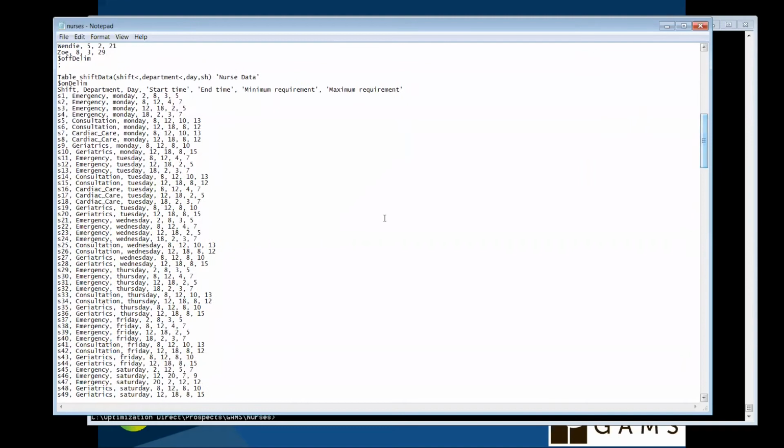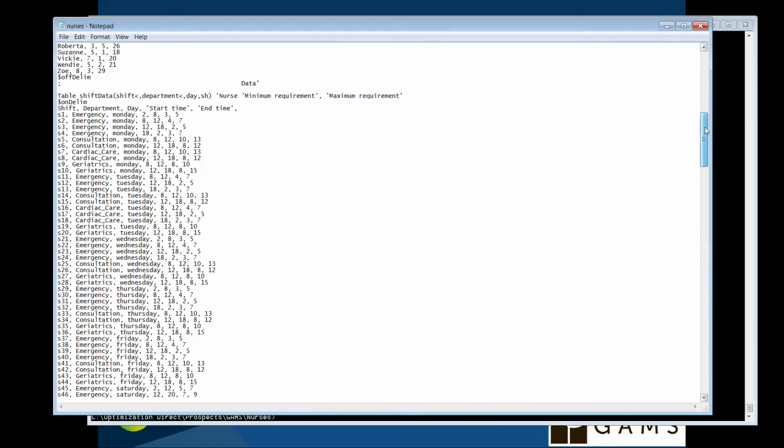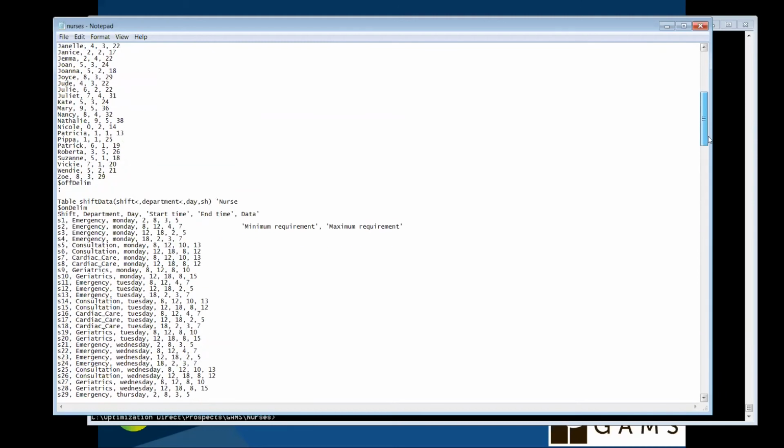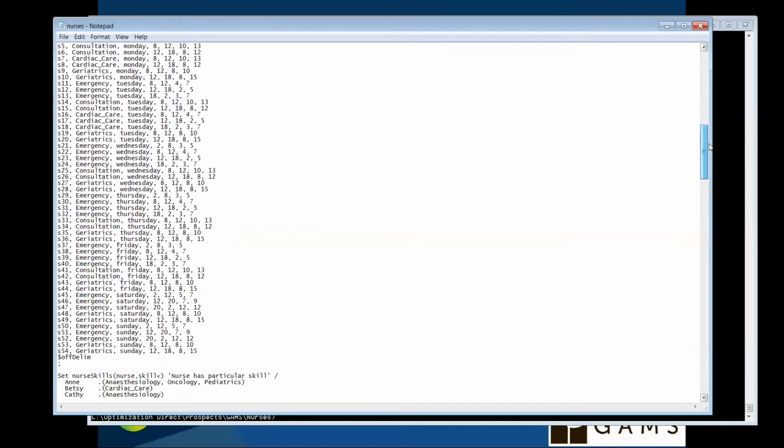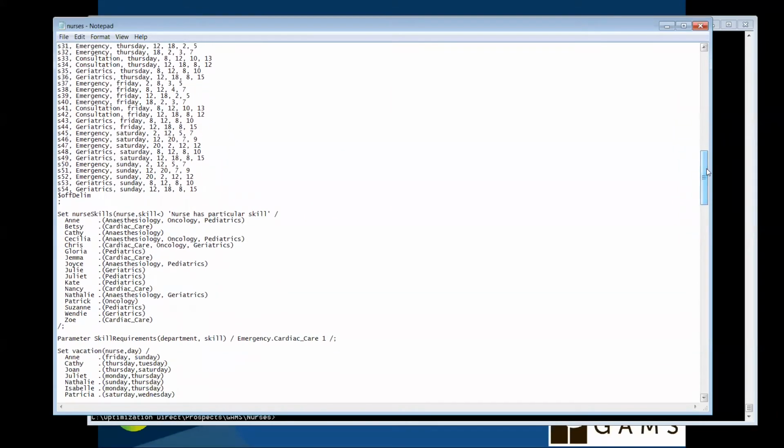We've got data describing the hospital's operation in the various departments on the various days and shifts. So we've got a hospital which requires its departments to be staffed by nurses. We've got nurses with particular skills and attributes ready to staff them. The nurses themselves have requirements about where they particularly want to work and who they want to work with.